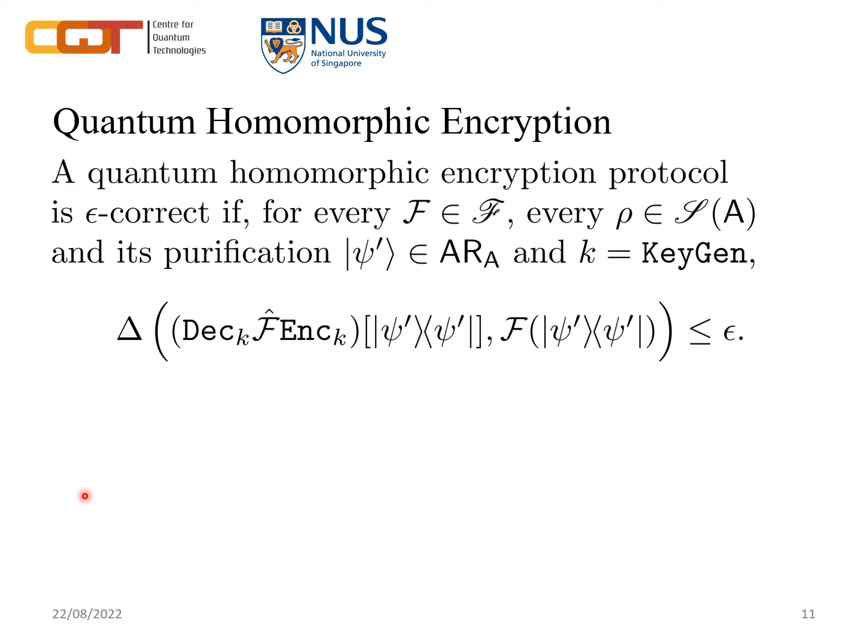A quantum homomorphic encryption protocol is epsilon correct if for every quantum channel that this quantum homomorphic encryption protocol allows to delegate, and for every Alice's input rho and its purification psi prime, and for every key generated by the key generation map, we must have this inequality, which is the trace distance between directly applying this quantum channel and applying this quantum homomorphic encryption protocol. Their trace distance should be smaller than epsilon.